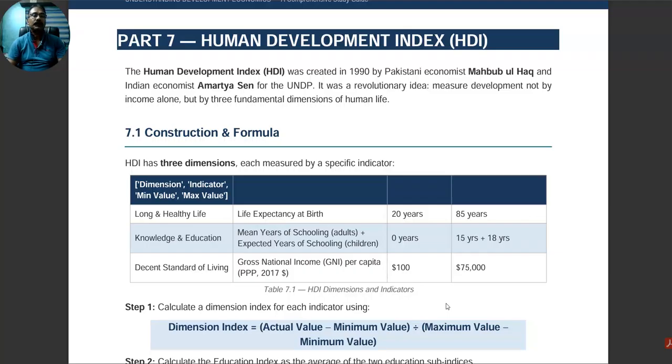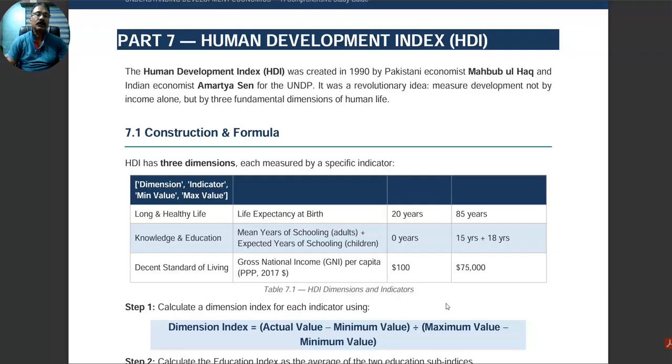The health dimension is related to a long and healthy life, the education dimension is related to knowledge, and the income dimension is a decent standard of living. Now, the description of these indicators, and also the quantitative measurement: how can we measure each dimension? A long and healthy life is measured by life expectancy at birth.